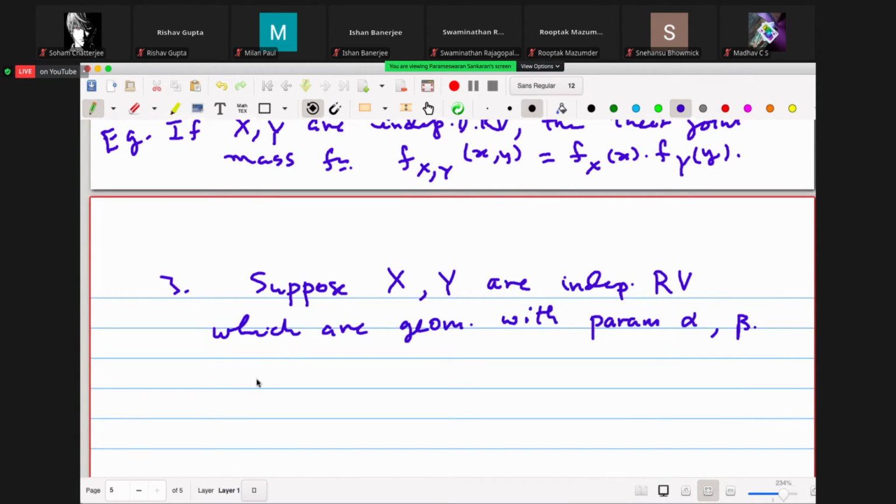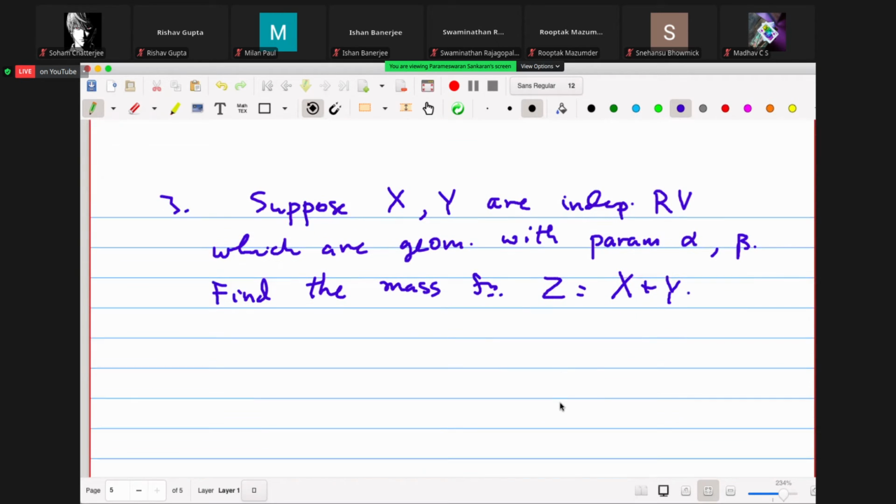Oh, same problem. Find the mass function of Z equal to X plus Y. Actually, an expression is given in the book. I can write that, but let us just compute it.